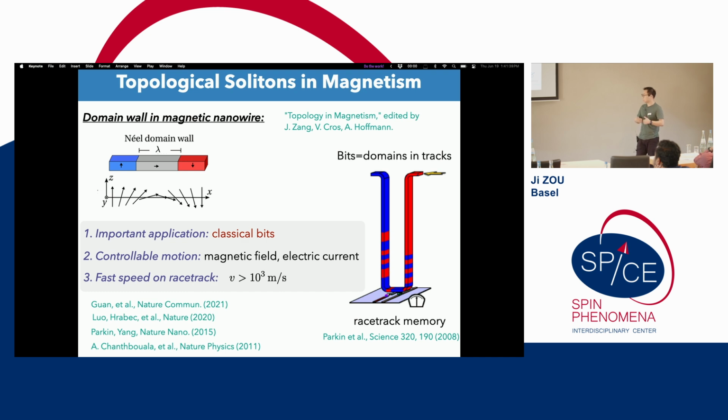And for us, as theorists, we want to ask, can we go beyond this nice picture? A natural way to go is to push this setup into the quantum regime and ask whether we can use domain wall textures not only as a classical bit, but also as a mobile quantum bit. That's the motivation.